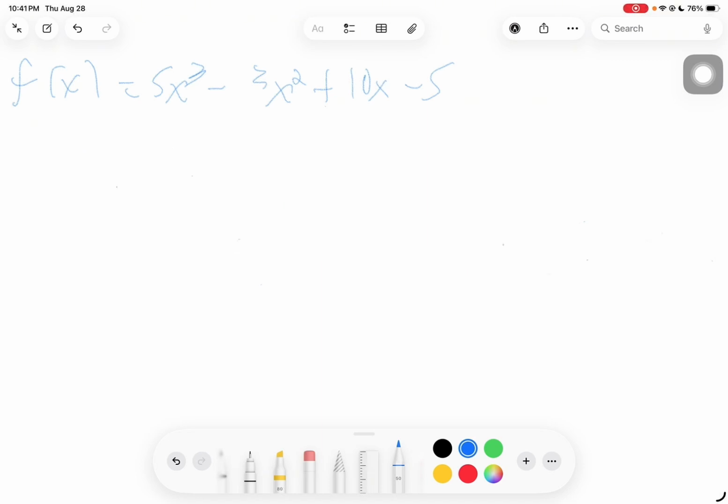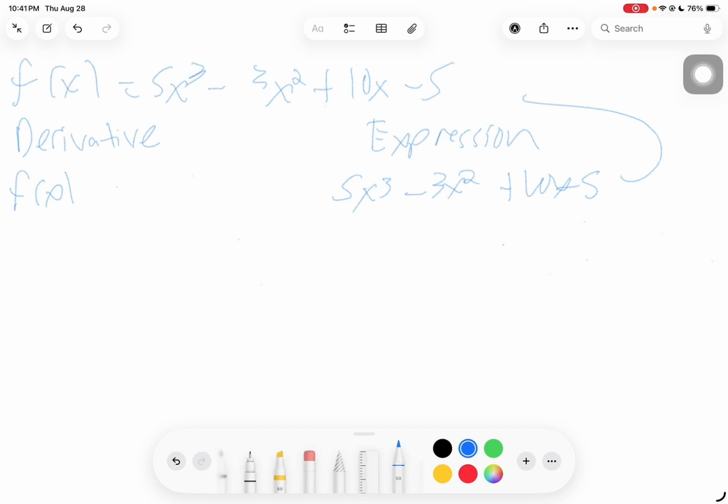So now we will elaborate the summary table. Derivative, so the first one is f of x, then the expression, so 5x cubed minus 3x squared plus 10x minus 5.